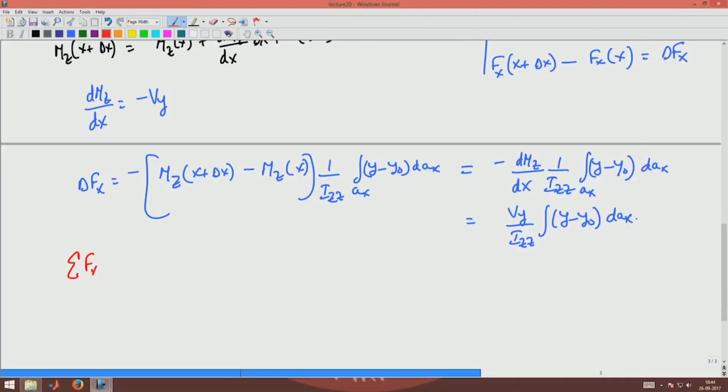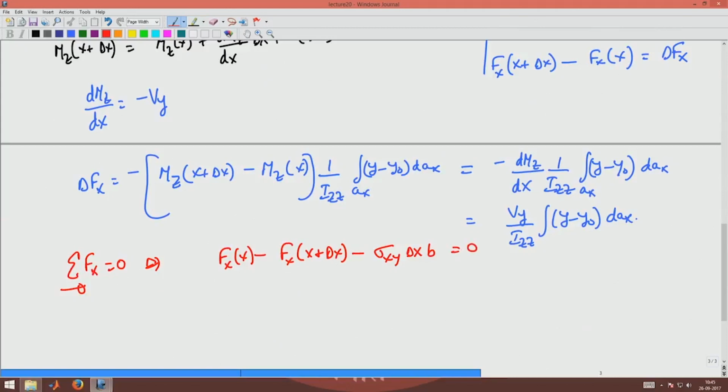Now, writing the horizontal force equilibrium, summation f x equal to 0 implies that f of x at x minus f of x at x plus delta x minus sigma xy into delta x into b must be equal to 0.